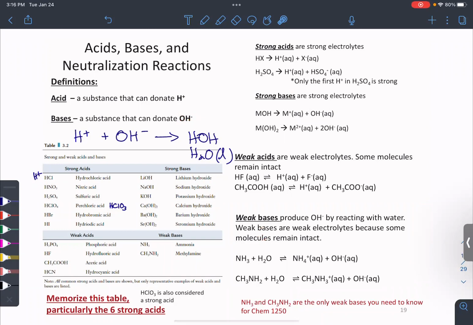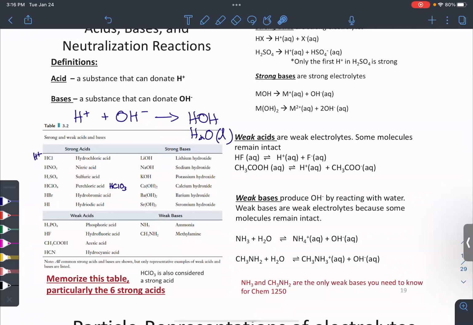Versus weak bases, again, the idea of the electrolyte behavior is that only some of it breaks up. Weak bases still produce OH-, but in a different sense. We still have this double equilibrium arrow where both sides of the reaction are present at the same time.